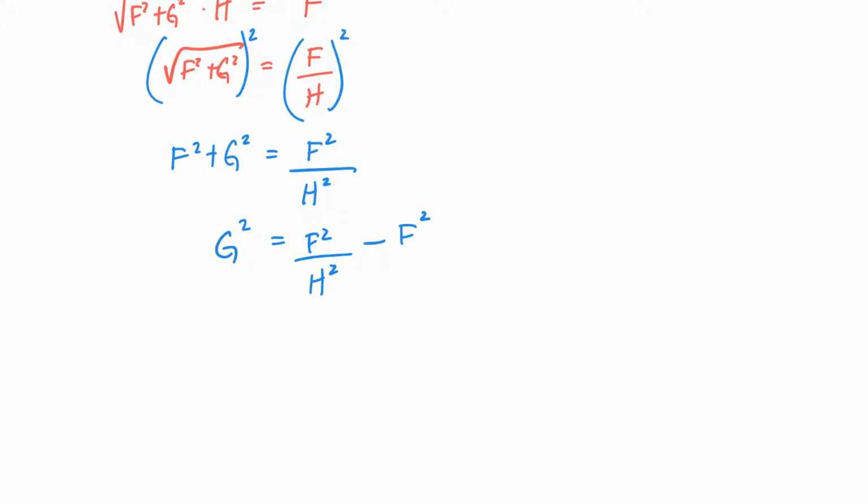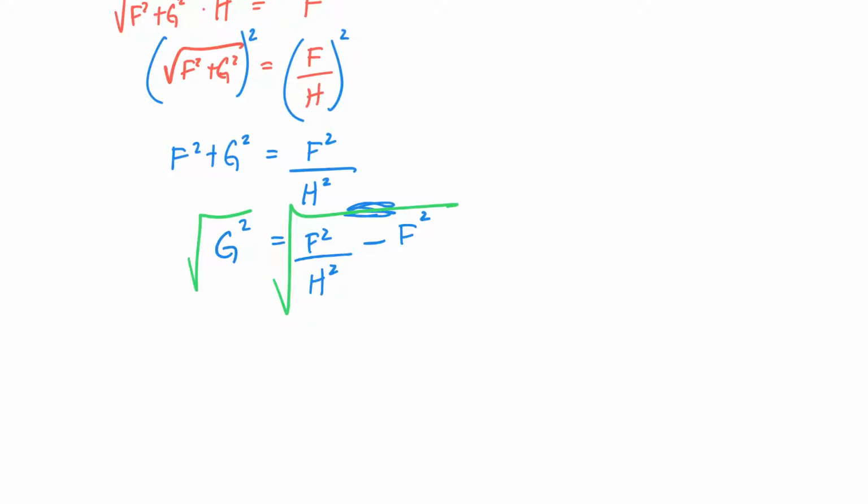Now at this point, I guess I could get a common denominator and collect these two terms over on this side. Yeah, I could do that. Or I could leave it like this, and if I'm looking for g, now I would just have to square root both sides. So square root this side, square root this side.